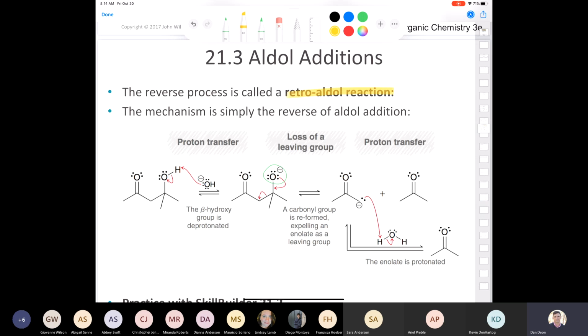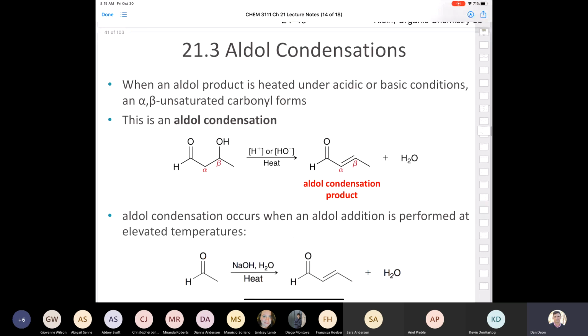And again, as long as you know the mechanism for the aldol addition, you'll be able to draw the mechanism for the retroaldol. By the way, just as an aside, all of these mechanisms are important, okay? If there's any mechanism that is not important in this chapter, I will tell you. So every mechanism that we've looked at so far is a very important mechanism, and a mechanism you should understand and be able to draw.